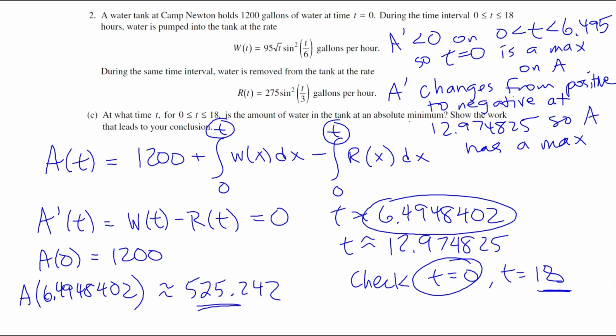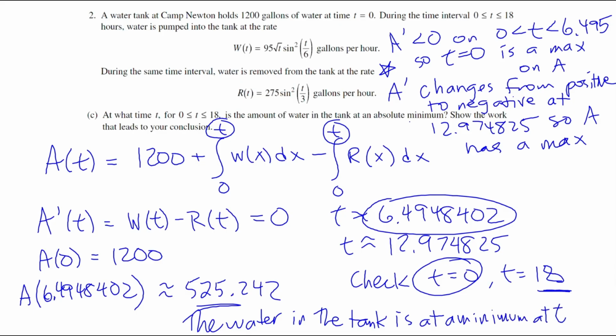Clearly that's less than 1200, and we already stated that the other two values indicated a max, so we will say the water in the tank is at a minimum at t equals 6.495. We can round that there.